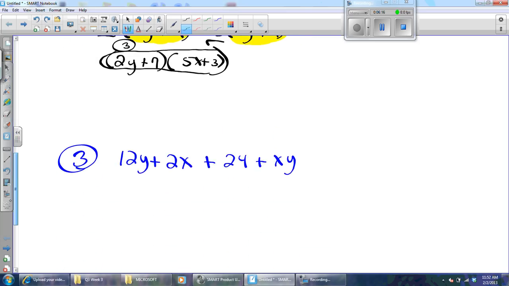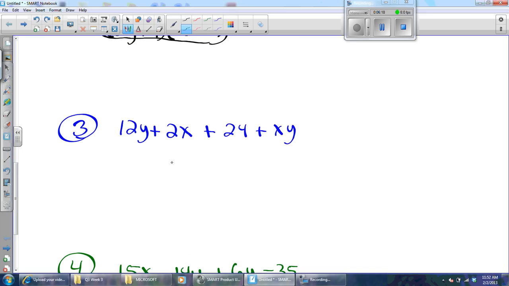All right. Let's look at this one. Now, there's 4 terms. I'm going to look and see. Is there a GCF between 12y and 2x? Yes, 2. And of course, whenever I'm talking about greatest common factor, I'm not considering 1. 1 is never a consideration because dividing by 1 doesn't change anything.